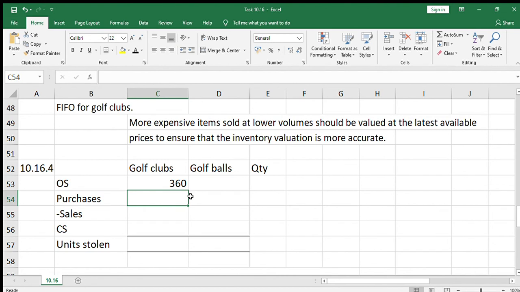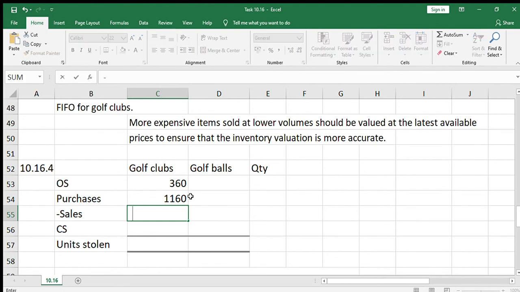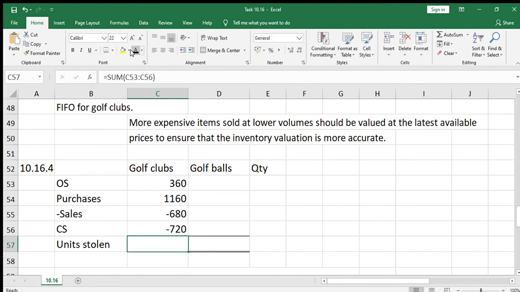Okay, purchases, 1,160. Sales of the golf clubs, 680. We're going to subtract. Okay, closing stock, 720 units. Okay, and let's just work out our answer. Okay, so 120 units were stolen for the golf clubs.